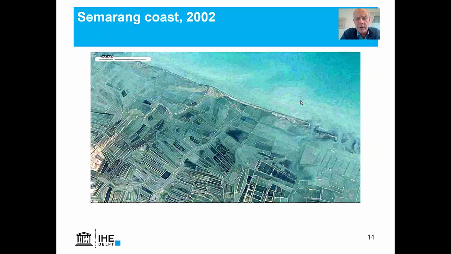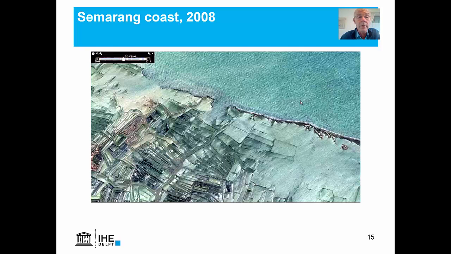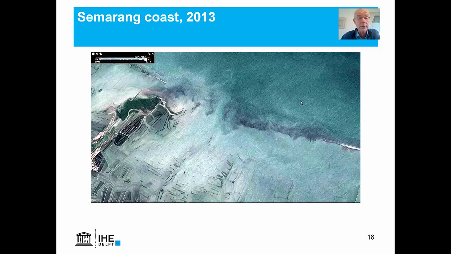We're not just concerned with sandy coasts, but we also look more and more into muddy coasts and mangrove coasts. Well, here's what happens if you take away the mangrove belt and develop fish ponds everywhere. This is the coast of Semarang in 2002. This is in 2008. And this is in 2030.